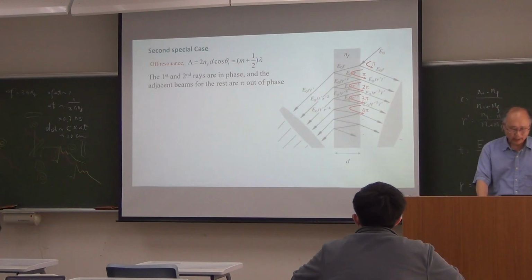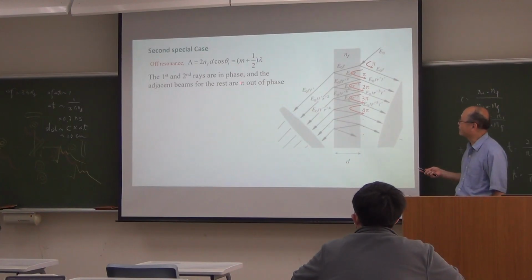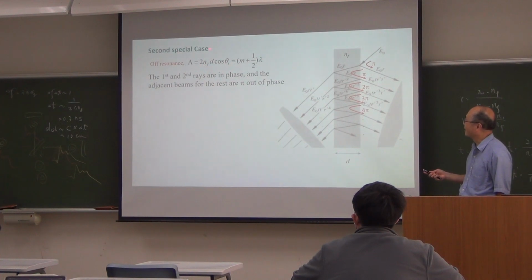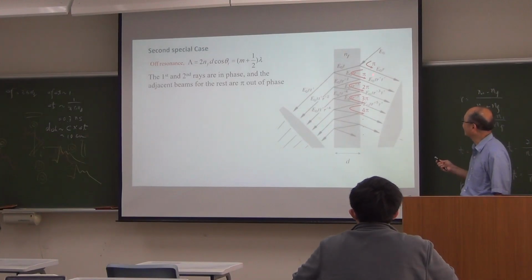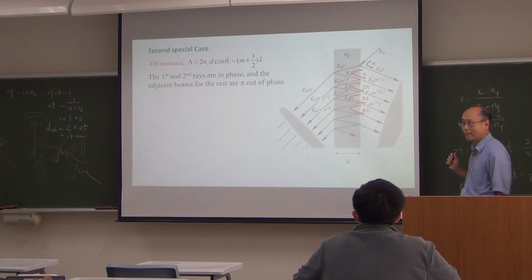All right. A second case is that if you are off resonance, with the optic path difference that is an integer multiple of wavelength, and then cross the half wavelength. Then you have to be careful about the phases because this half wavelength will introduce pi for each reflection.